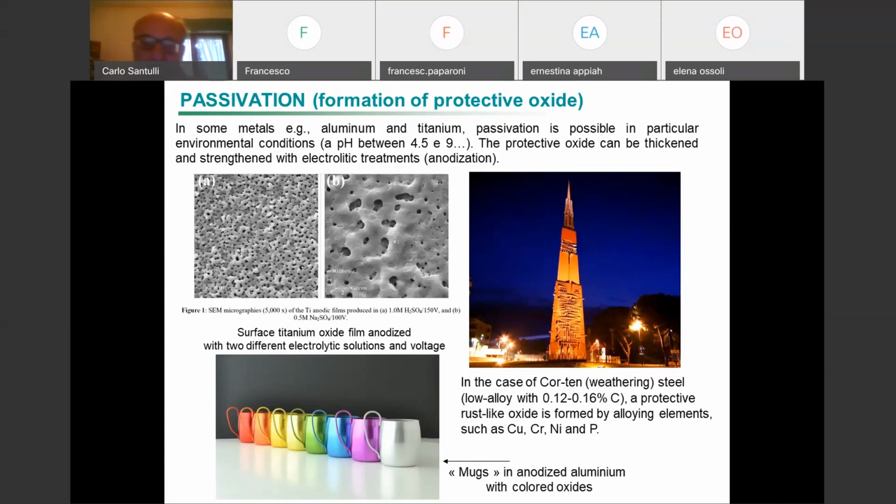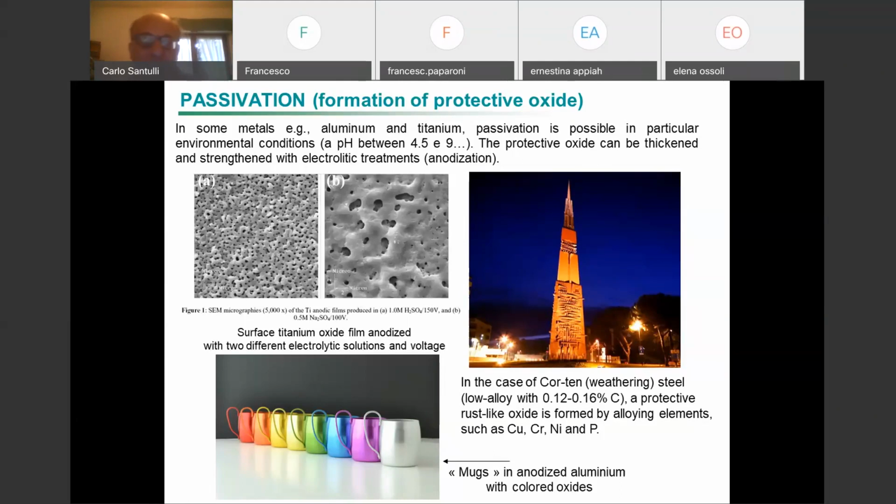There is a good oxidation and a bad oxidation in terms of corrosion. Because if the oxide is stuck to the surface, here you can find titanium, for example.